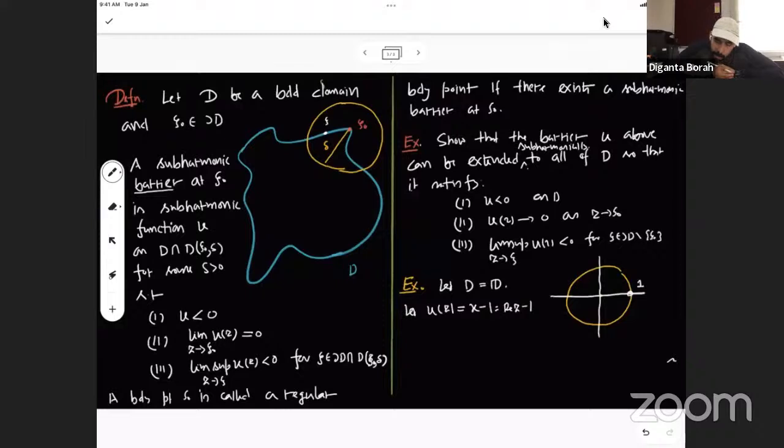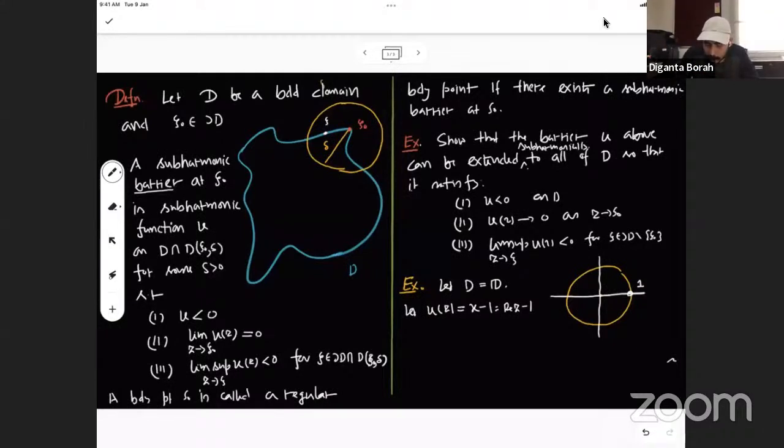And you see it has all the properties that you want. It is certainly negative because z is from the disk. Its absolute value is strictly less than 1, so the real part of z cannot be more than 1. So this is strictly negative. It goes to 0 at 1, and at other boundary points the limit is strictly less than 0. It's continuous.